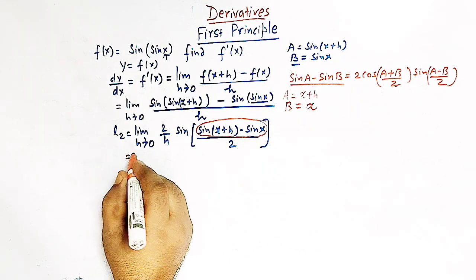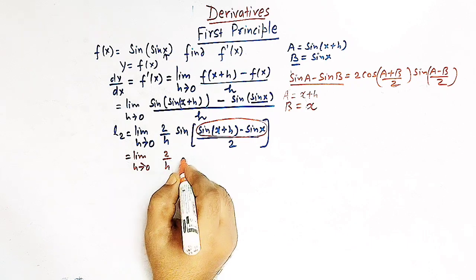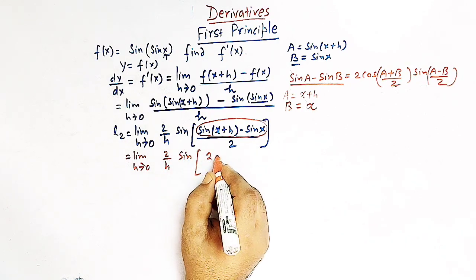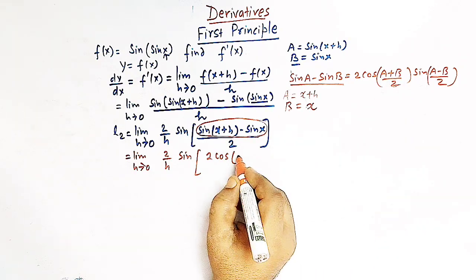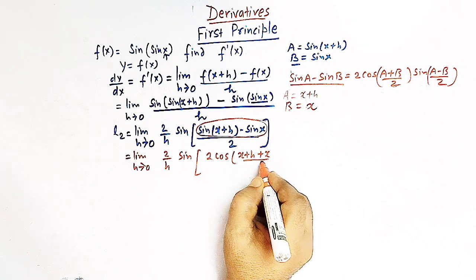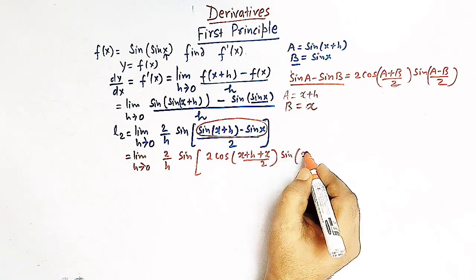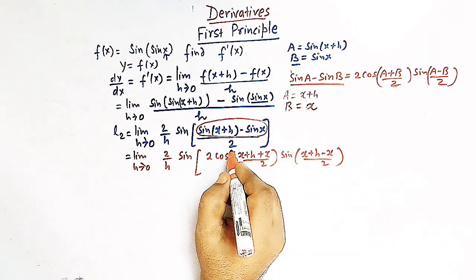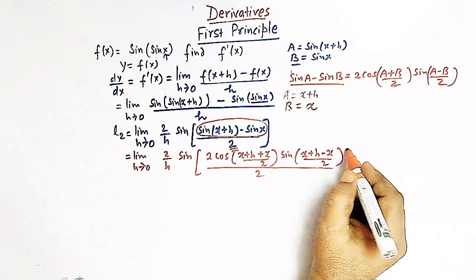So we have limit h tends to 0, 2 over h sine, and we can now write 2 times cos a plus b over 2. So we have x plus h plus x over 2, and then we have sine x plus h minus x over 2, and this 2 is given by here, right?